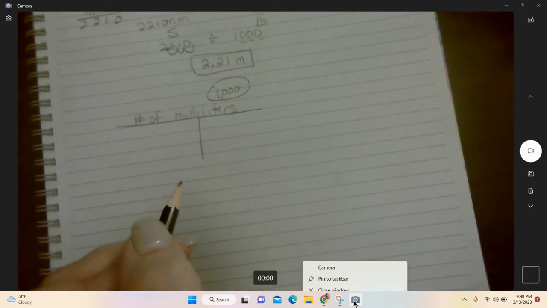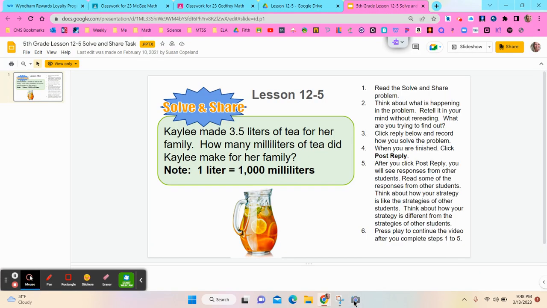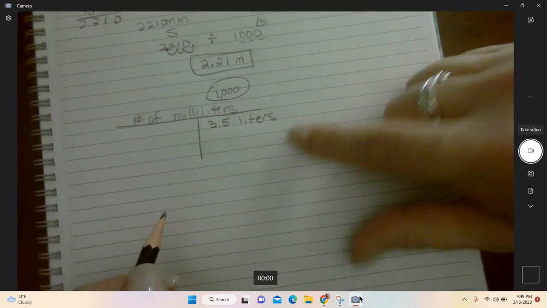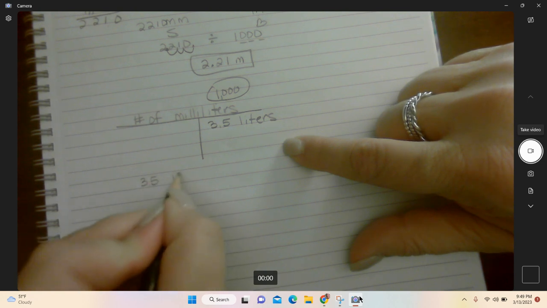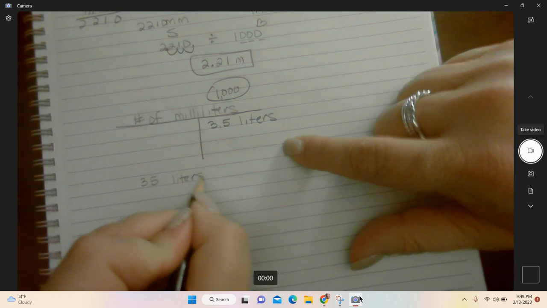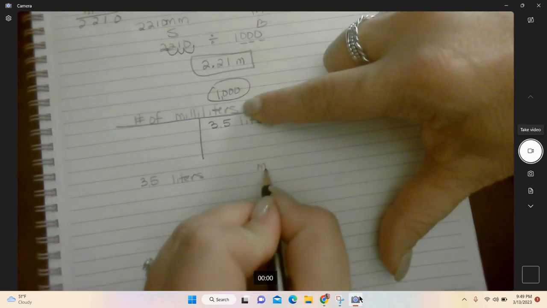All right, so let's try that again here. It says Kaylee had 3.5 liters. So I'm going from liters to milliliters, and that's all the information in the problem. So this one should be pretty simple, all right, because I'm going from 3.5 liters and I'm trying to switch to milliliters.